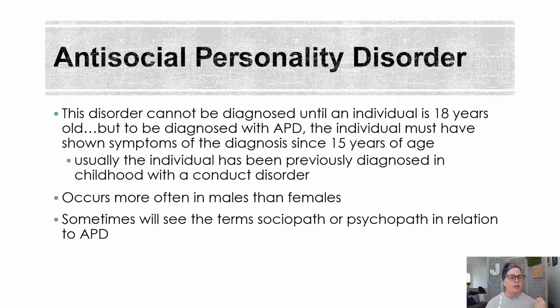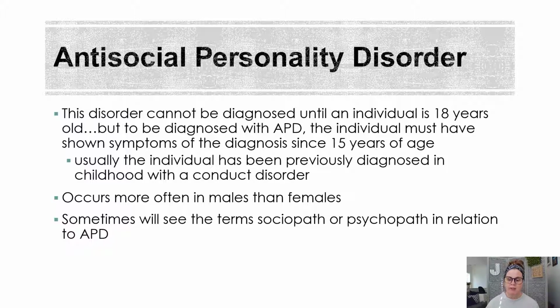So the thing about antisocial disorder is that this is a disorder that cannot be diagnosed until someone is 18 years old. They have to show a history of some of these symptoms, however, since they were 15. There has to be some paperwork.